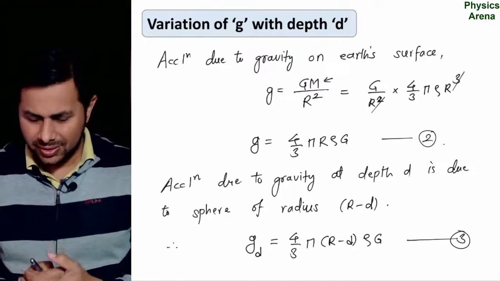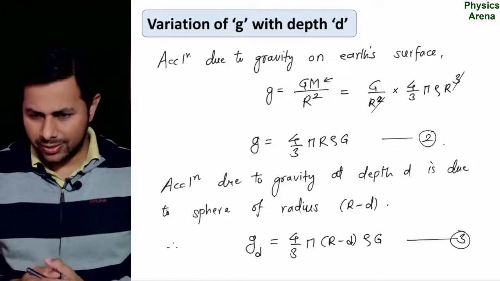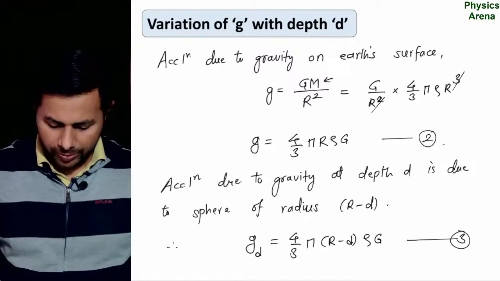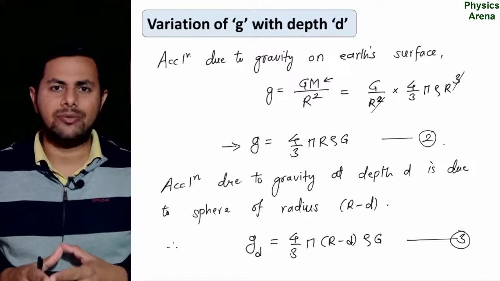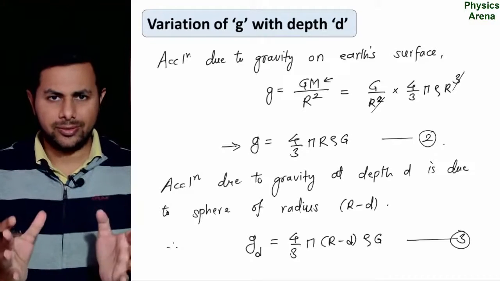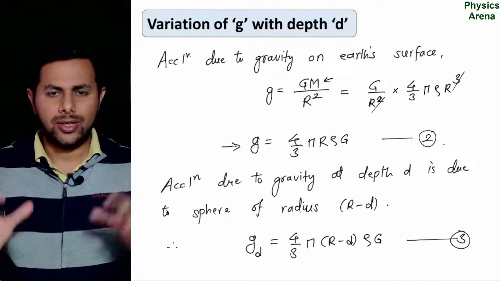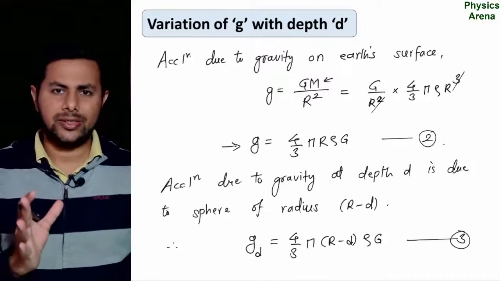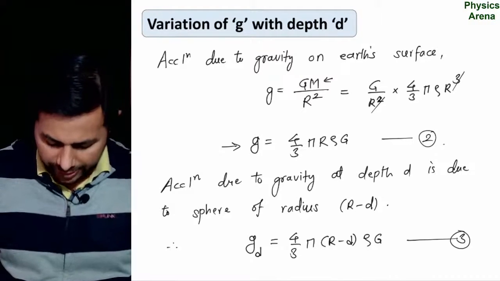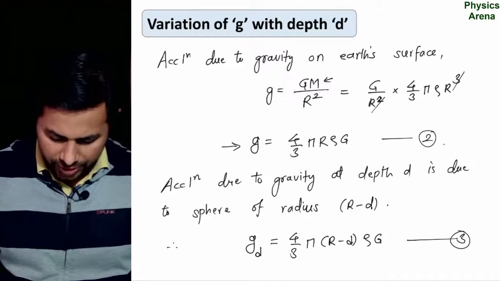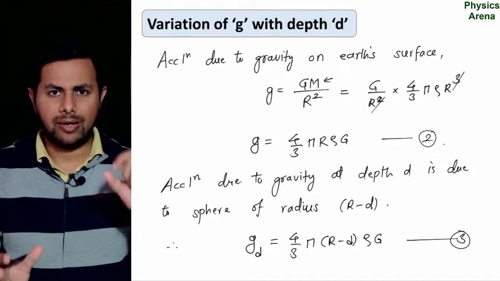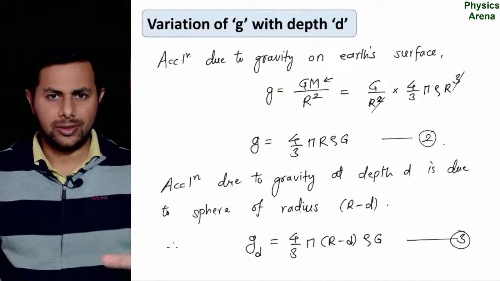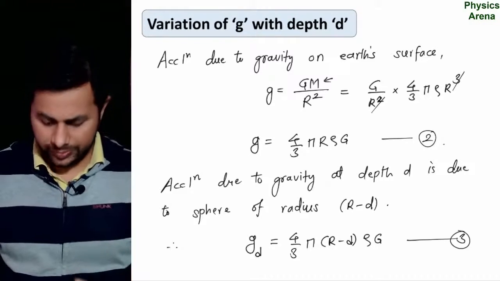So what I'm saying is we found this formula for acceleration due to gravity due to Earth. Earth is a sphere having radius r. So this is acceleration due to gravity due to a sphere having radius r, on Earth's surface.